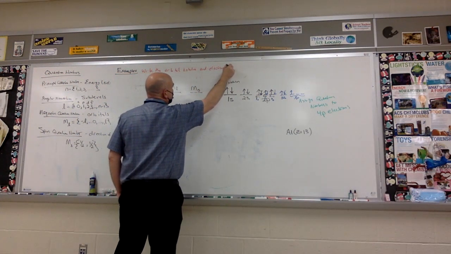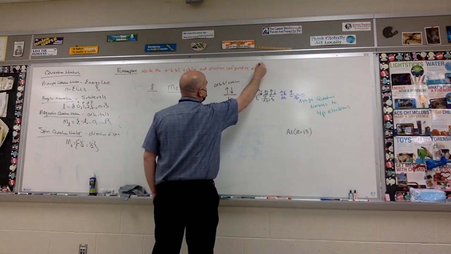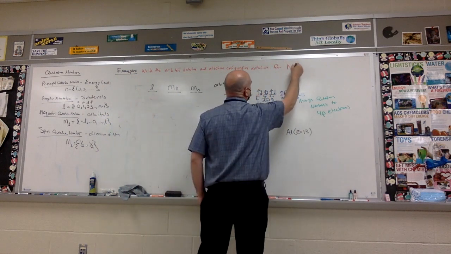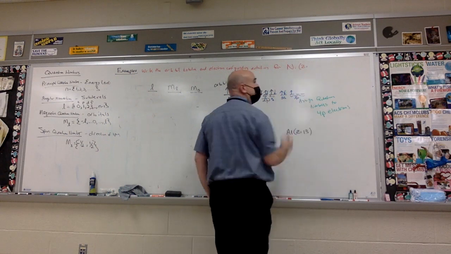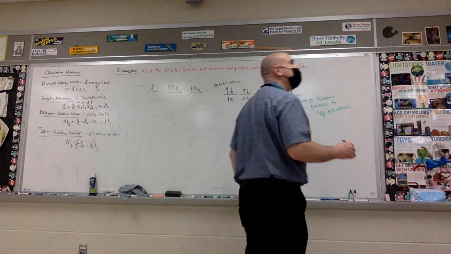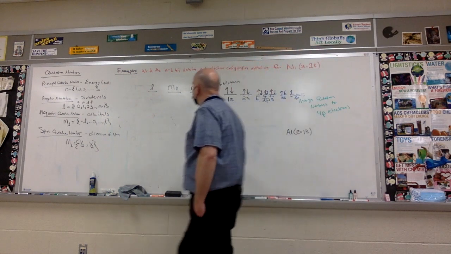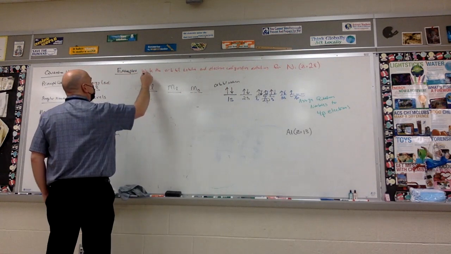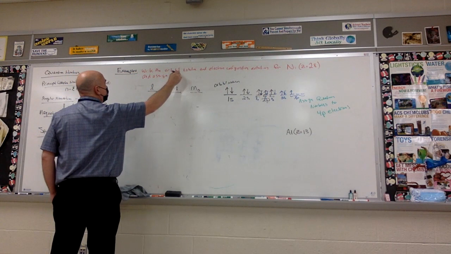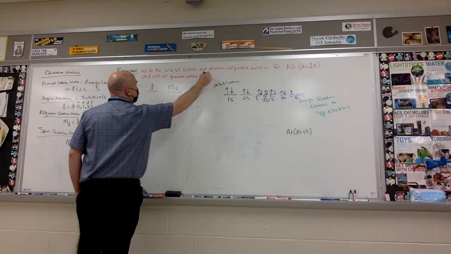Write the orbital notation and electron configuration for nickel, zinc, which is number 28. There's 28 of them?